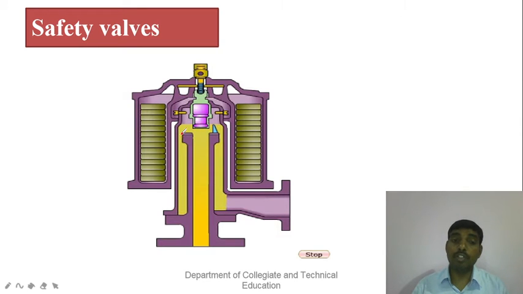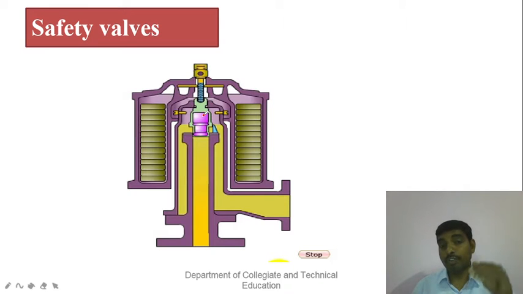From the lift, the steam flows outside to the outlet. So this is the inlet of the steam and the outlet of the steam. After the pressure reduces, the dead weight comes down, or you can call it the valve seat, and it cuts off the flow of the steam. So this is how the safety valve is constructed.